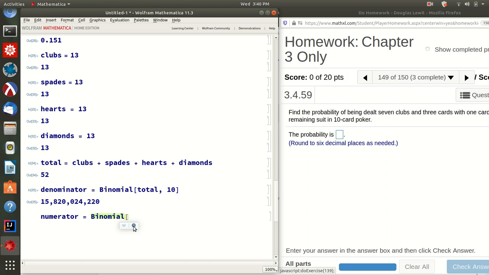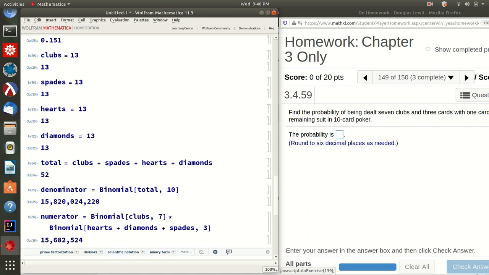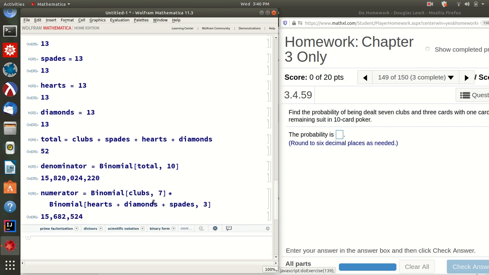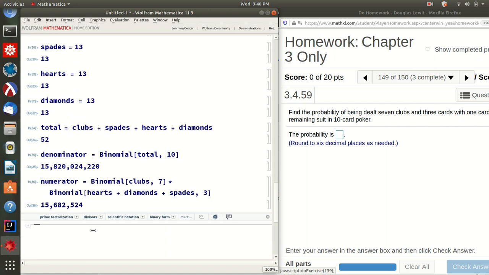I'm choosing 7 clubs, so it's the number of clubs, which is 13, times binomial of the number of hearts plus the number of diamonds plus the number of spades, and I have 3 other cards to choose. And that's 15,682,524.